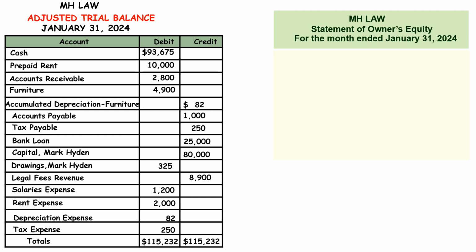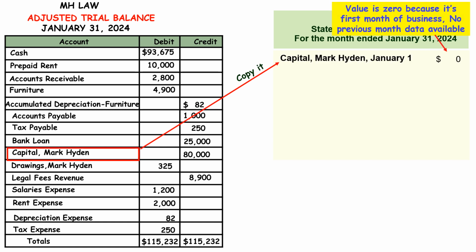Now, we are going to list that on a piece of paper and organize it in such a way. Again, the information will come from the trial balance, so we are going to copy that information. The first thing that we're going to copy is the account name, capital Mark Hayden, January 1st. And the balance is going to be 0 here.